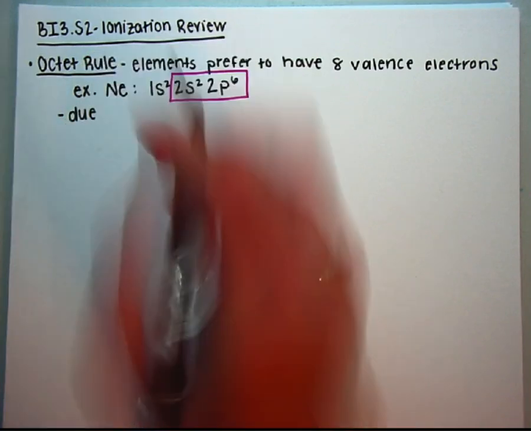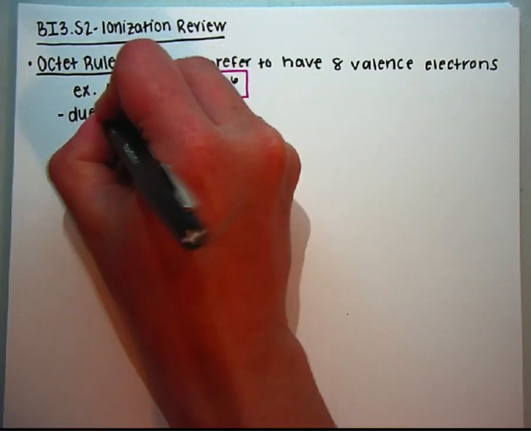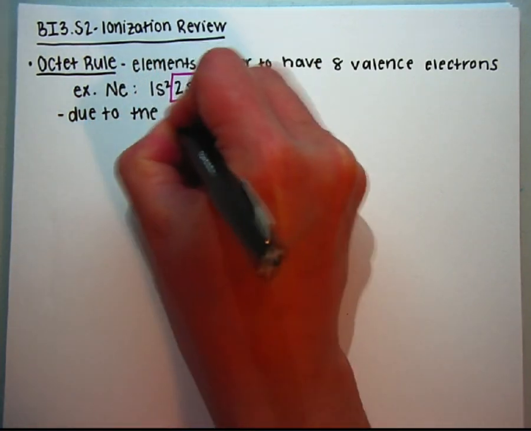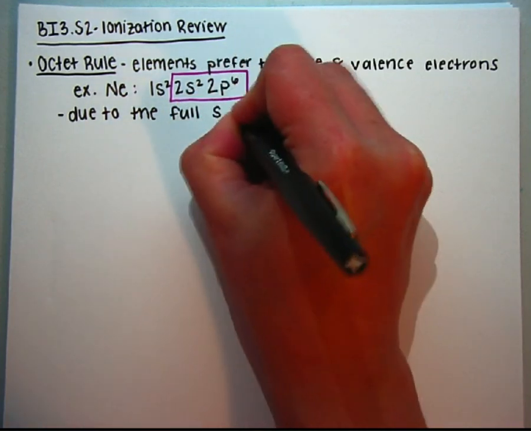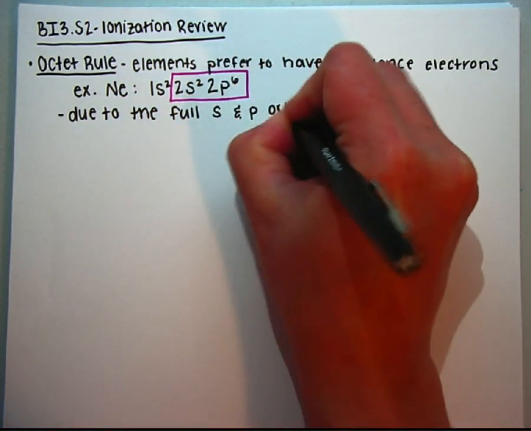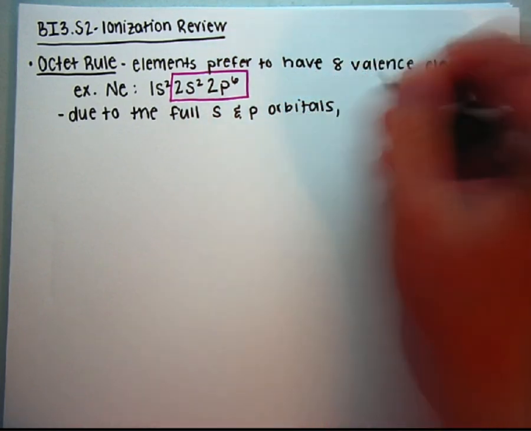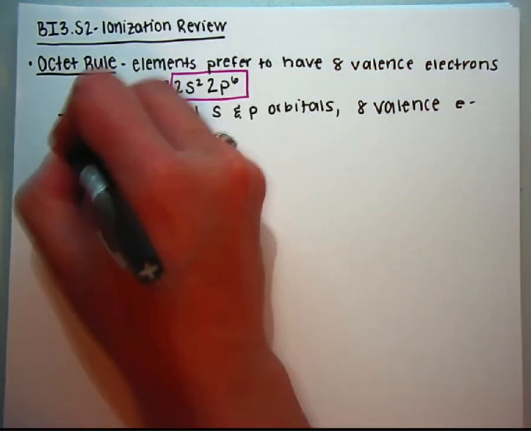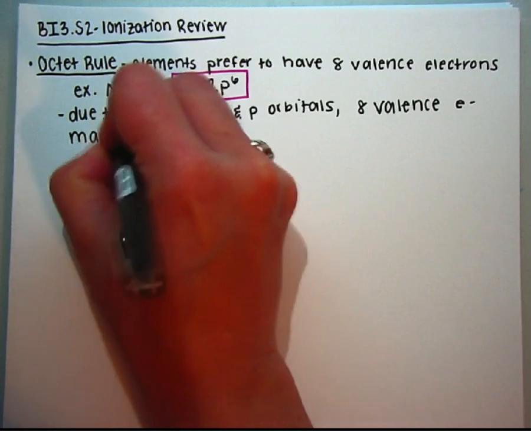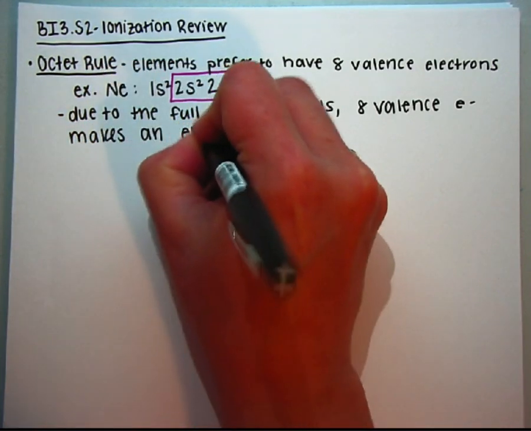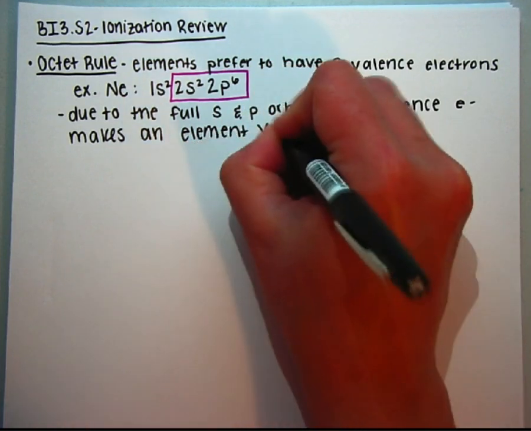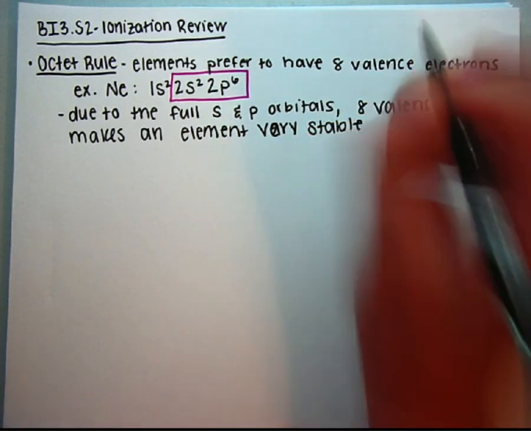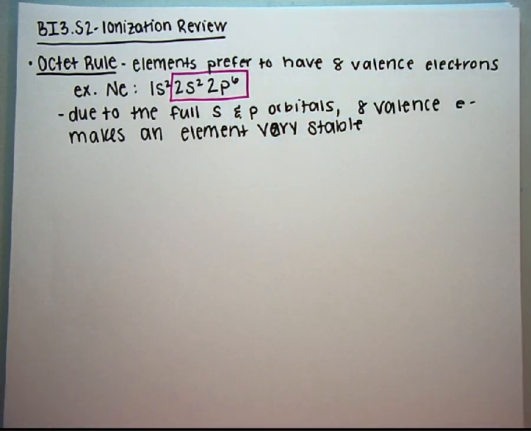The reason why we want 8 valence electrons is due to the full S and P orbitals. It's going to make elements very stable.